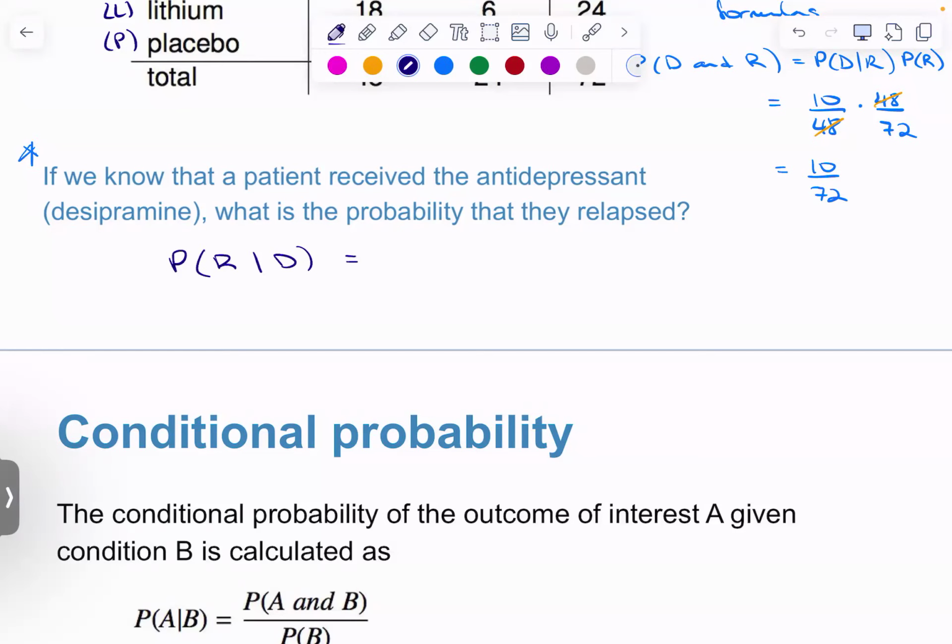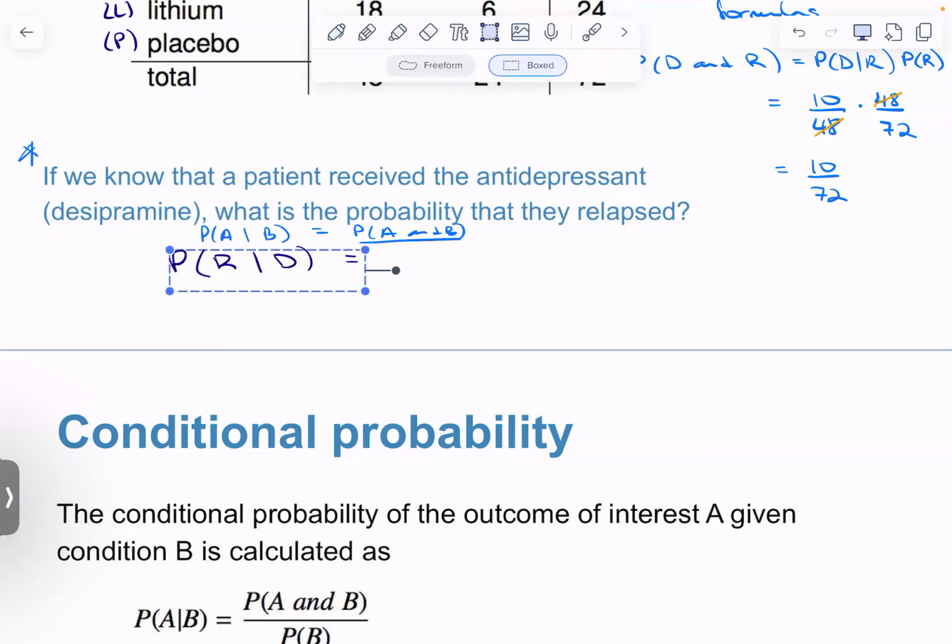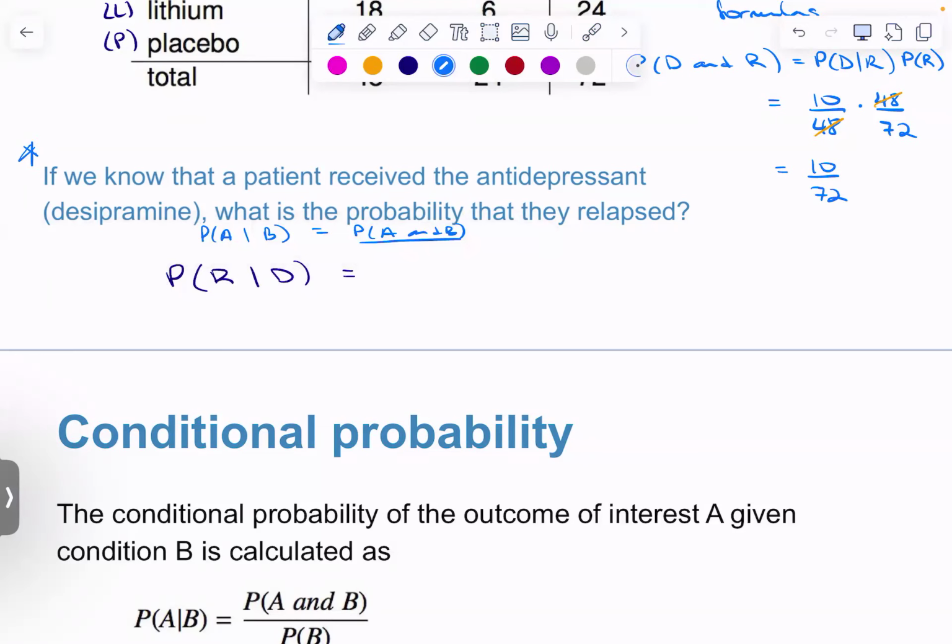And so now, what do you do? If you have this conditional probability, the probability of relapse given desipramine, okay, then you can map that back to probability of A given B is the probability of A and B divided by the probability of B. So wherever you see an A, you're going to write R, and wherever you see a B, you're going to write D. Right?